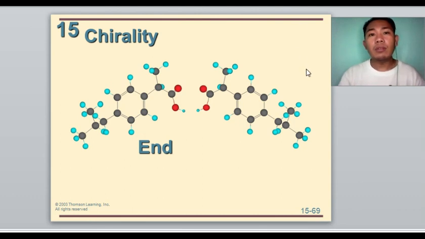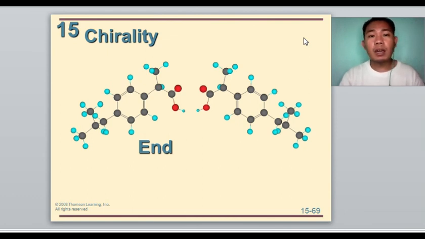Then, how do we specify the configuration of a stereocenter? We use, of course, remember, the RS system. Also, how many stereoisomers are possible for molecules with 2 or more stereocenters?